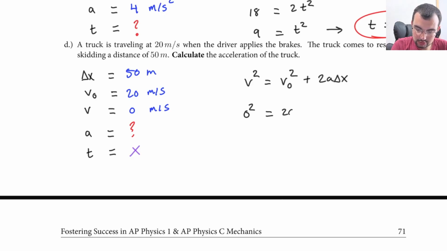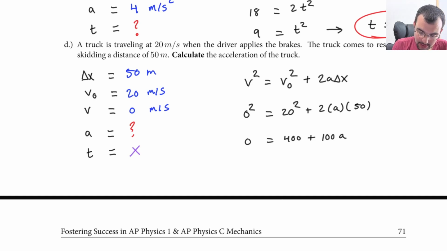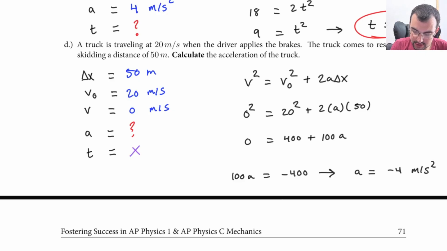Initial velocity is 20. I don't know A. And delta x is 50. I get 0 equals 400 plus 100A. So I'd get 100A equals negative 400, and it does make sense that we get a negative acceleration, because in these 1D problems, they're moving to the right but slowing down, so acceleration should be to the left.